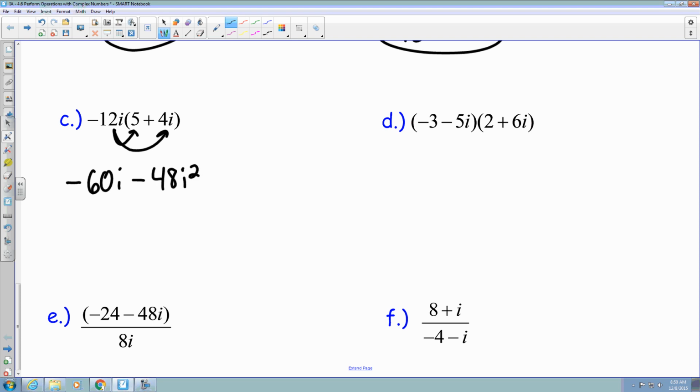But i squared is -1, so I'm going to change that back to -1. So I'm going to have -60i minus 48 times -1. Well, -48 times -1 is +48, so now I just have to write it back in standard form. I'm going to have 48 minus 60i.